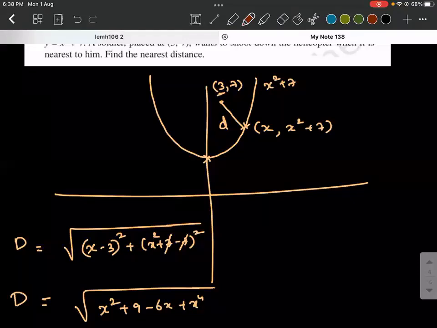Then how can that 3 be on the curve? That is the answer. Root 5 is the shortest distance at which you can take a shot.